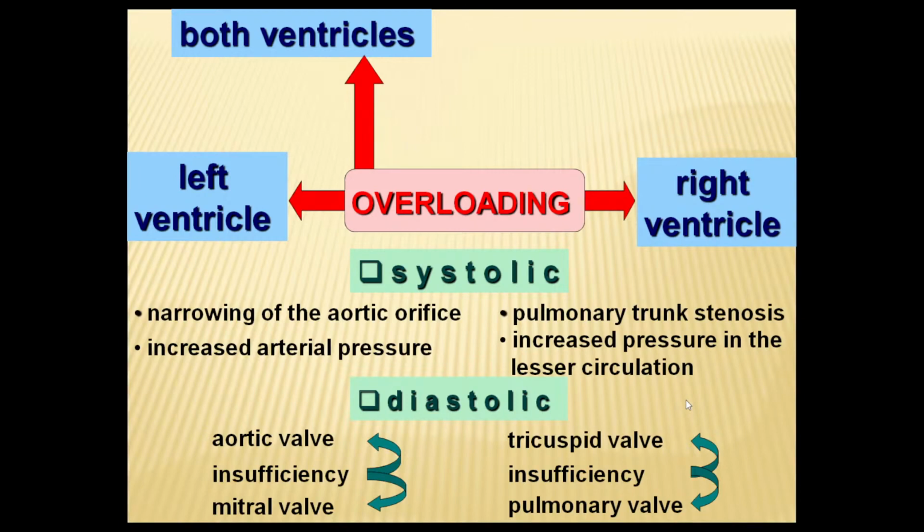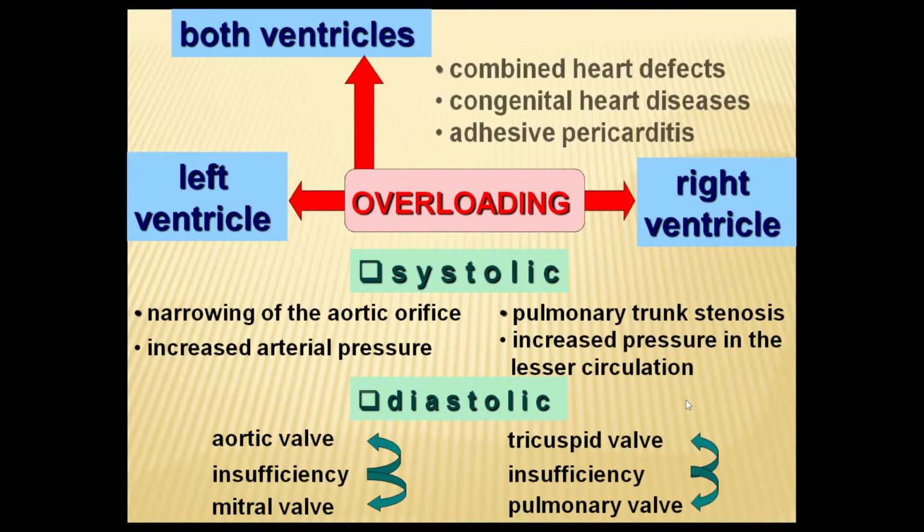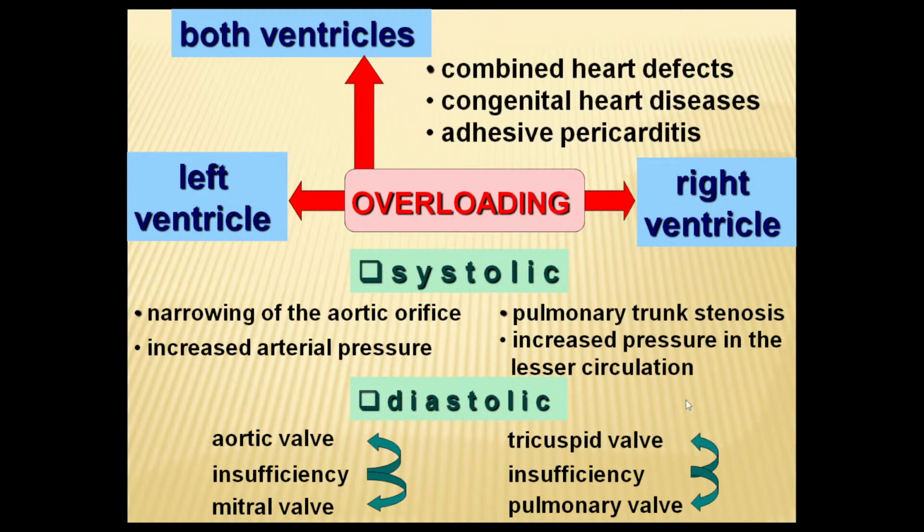Primary left ventricular problem finishes with both left and right involved, and the process can start from the right ventricle, but after some time it also may be combined. Both ventricles are involved in the pathological process in combined heart defect.